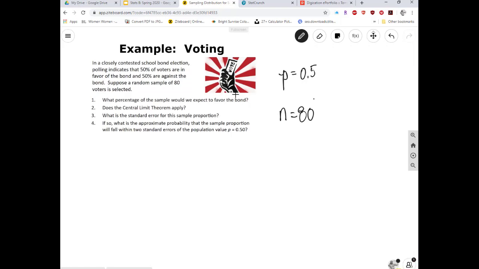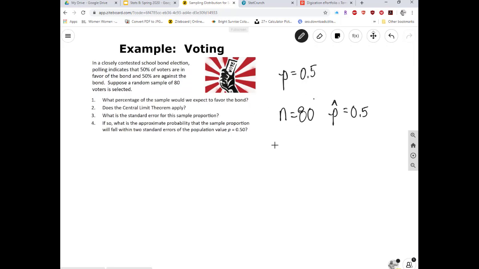The first question says, if you take your own random sample, what would be the percentage that we would expect to favor the bond? Well, in my sample, I would also expect that 50% of them would favor the bond. So my p-hat is going to be also 0.5. It's going to be the same. There's no reason to believe that it's not going to be the same.